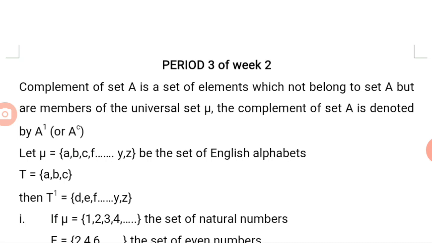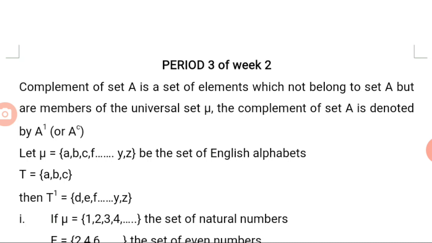Is that clear? The complement of set T are those elements that are not in set T but are in the universal set. Once more.